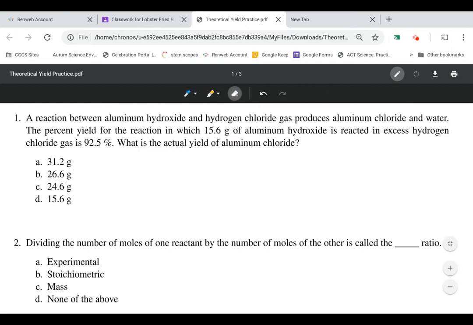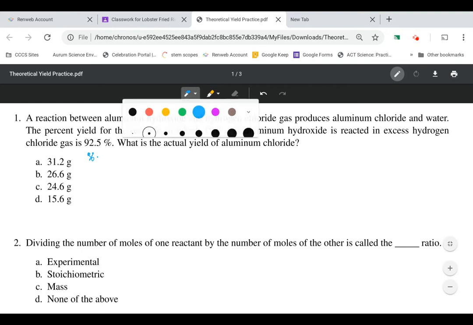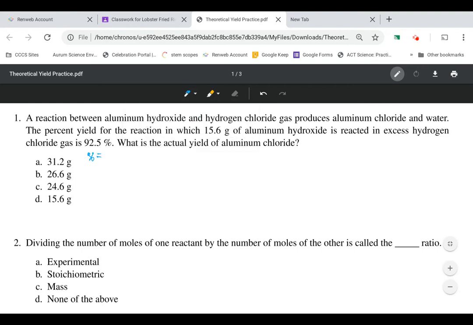Our percentage yield is equal to actual yield over theoretical, right?